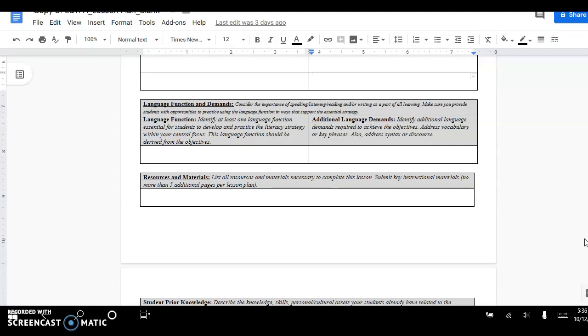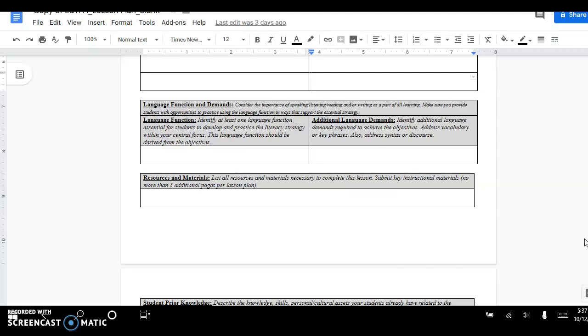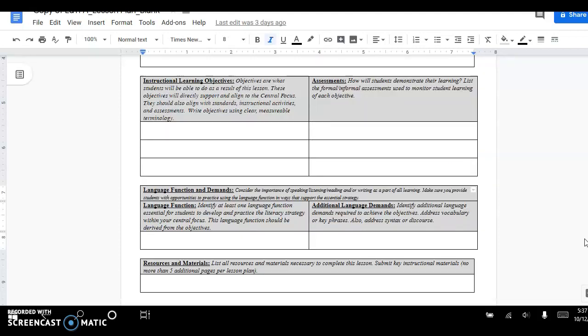So your language function could either be, I want my students to be able to analyze, explain, clarify, inform, things like that, like action words that you would use in writing, even speaking or listening.